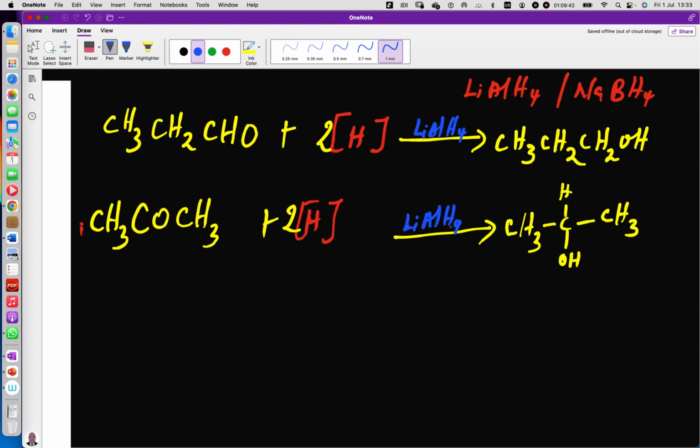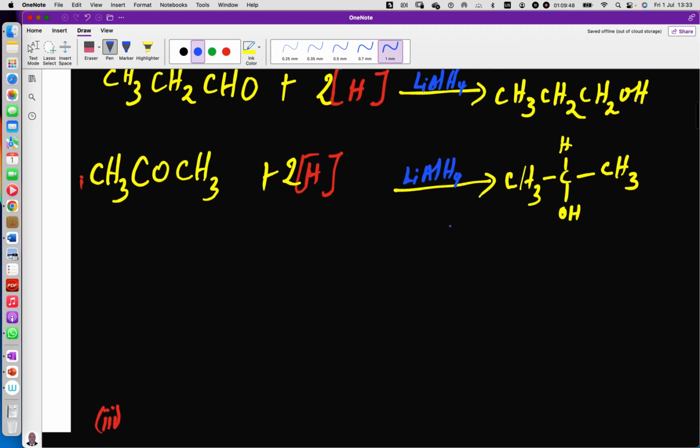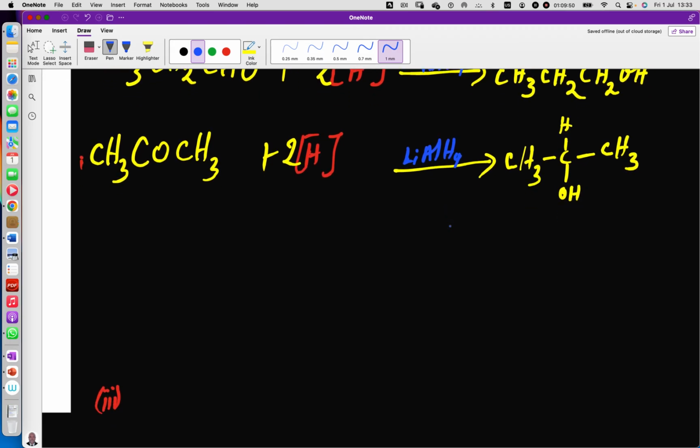tetrahydroaluminate. Now again, carboxylic acid. We can still reduce carboxylic acid. For example, ethanoic acid that we got the other time can be reduced back to the primary alcohol, and this is how we can do it.